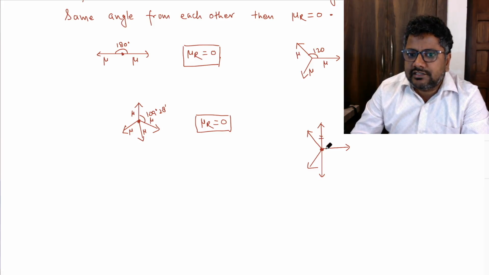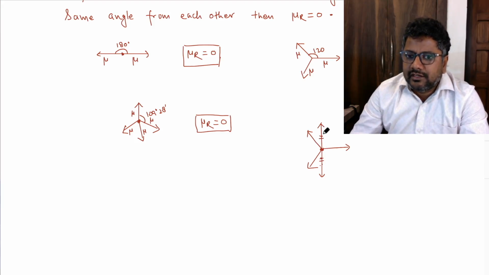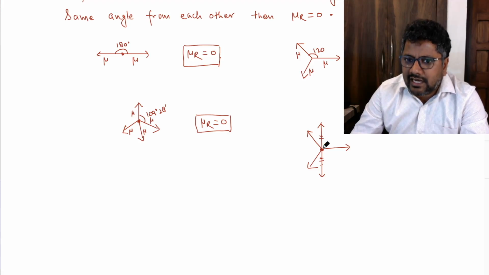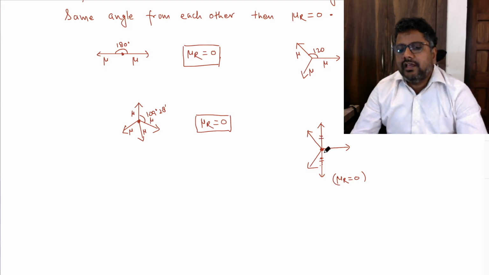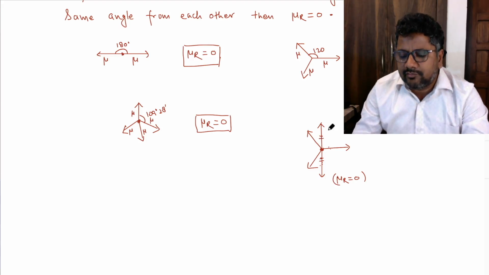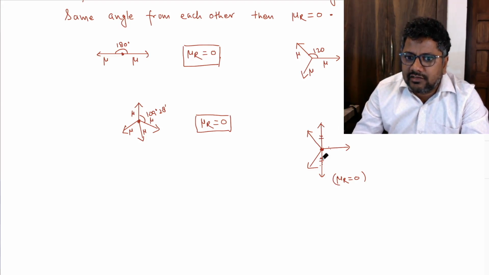The resultant of these two is 0 and the resultant of these three is 0. Although we have different magnitudes of dipoles, because R of this and this is the same, but R of this and this is not the same, still mu r is equal to 0, because in this case we have to find the resultant dipole moment in two sets, one for these two and one for these three.